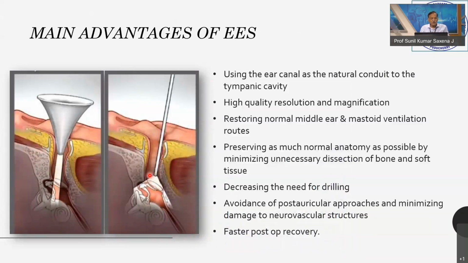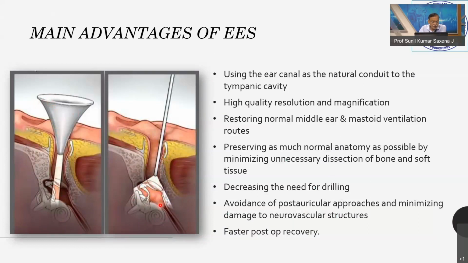Now, what are the main advantages of endoscopic ear surgery? On the left side, this is what we see through the microscope through the ear speculum. Using the ear canal as a natural conduit to the tympanic membrane, first there is high quality resolution and magnification.